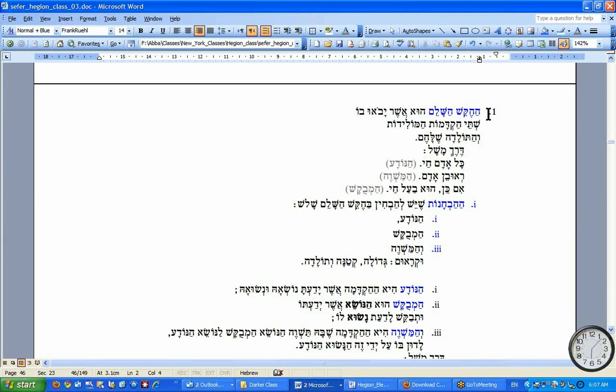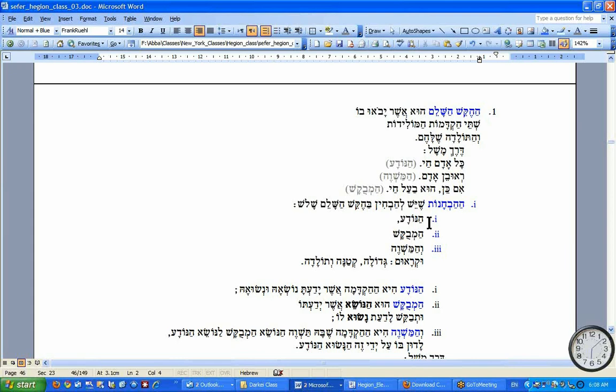The complete Hekesh will spell out both the premises and the conclusion that comes from those premises. Derech mashal. Kol adam chai, Ruvain adam, those are two premises. And therefore, in Cain, hu ba'al chai, therefore he must be living. Okay, so all men are living things, and Ruvain is a man. Therefore, Ruvain is a living thing.